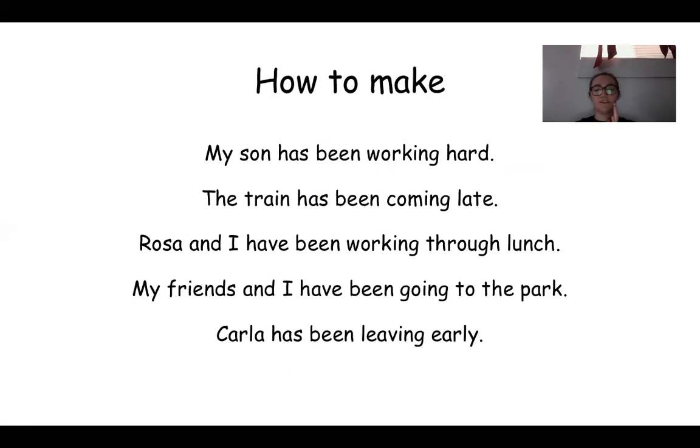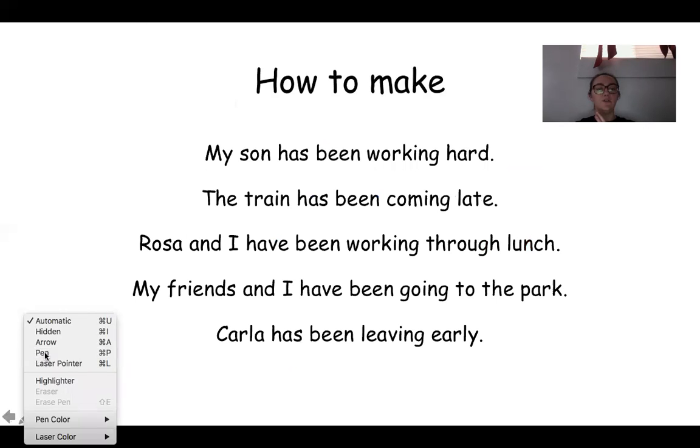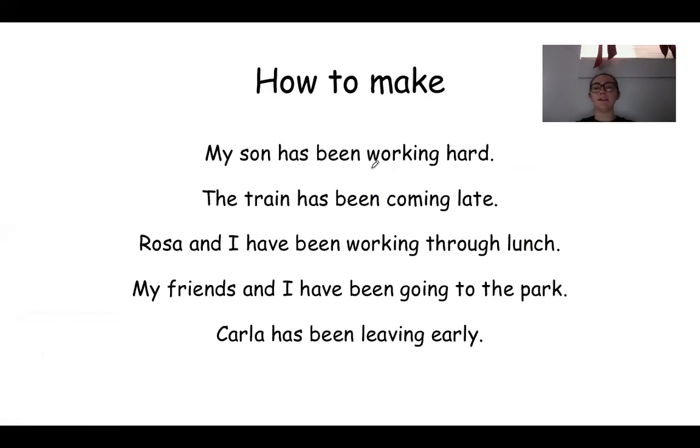Okay, so this is just some kind of practice to look over. So you'll notice that my son has been working hard. The subject is my son. We use has, then been, has been working hard. The train is the subject, right? Has been coming late. Coming is the verb, working is the verb.